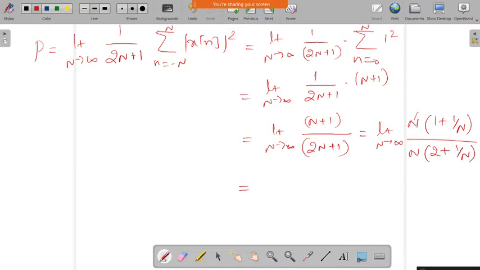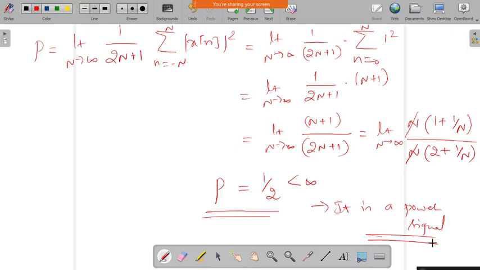So both numerator and denominator are left with 1 over 2. That's how we find the power. The power value is 1 by 2, which is less than infinity. So x of n equal to u of n is a power signal.